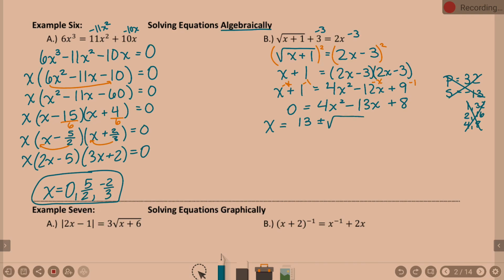Plus or minus square root of B squared minus 4AC all over 2A. So under my radical, I have negative 13 squared minus 4 times 4 times 8 all over 2 times 4.